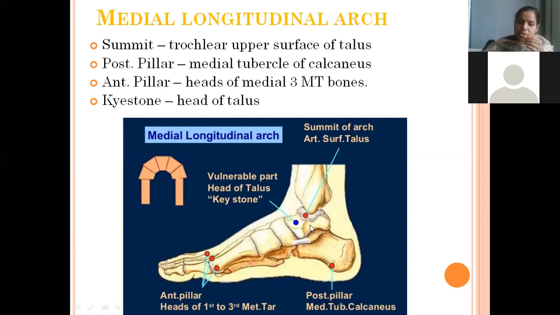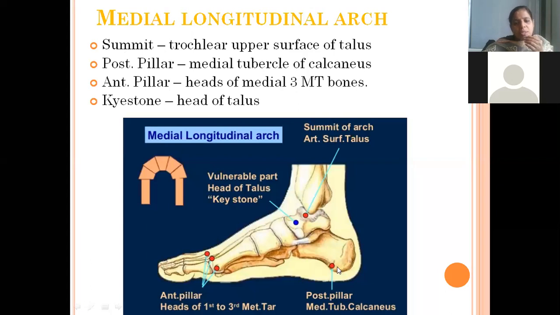Medially we had a comma-shaped facet, laterally we had a triangular facet, for the medial and lateral malleolus respectively. That was the ankle joint. Now this is the summit. If you draw a line like this, are you able to make out this height, this tallness? That trochlear upper surface of the talus is the point where we have the summit.